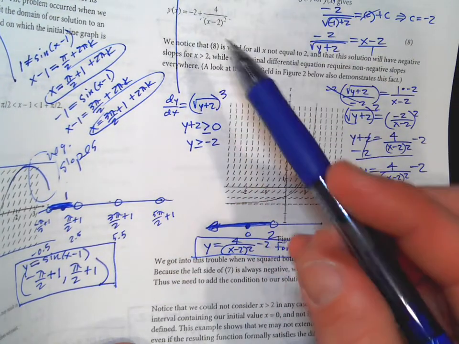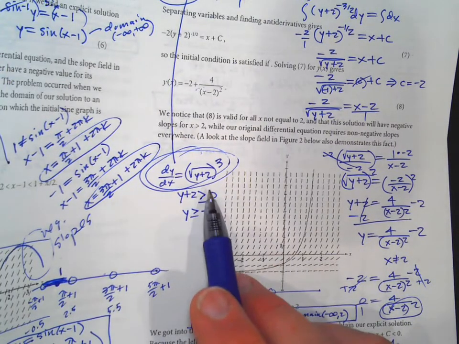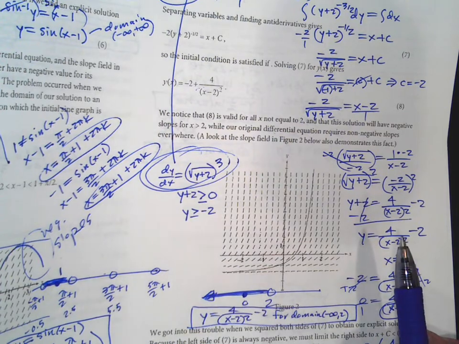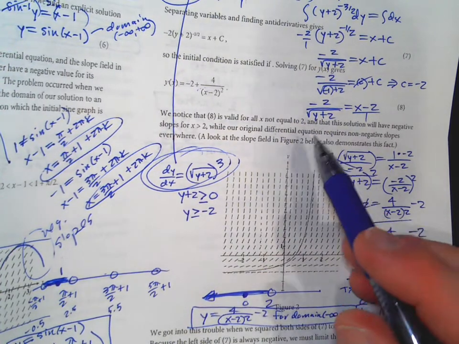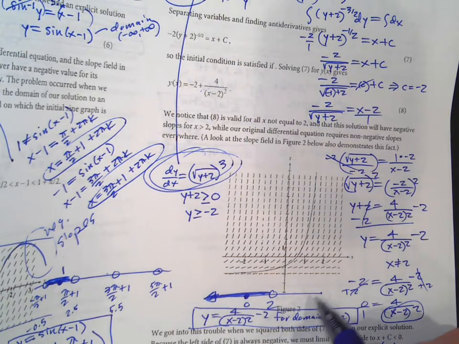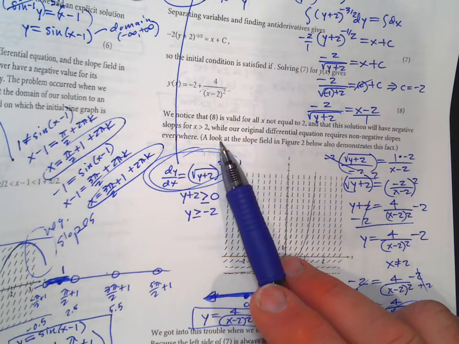There's no way that this will ever be negative. Square root of something cubed will never be negative. And so they're pointing out, hey, this is why we got to break this up. This is why we can't plug the numbers in over here, all right?